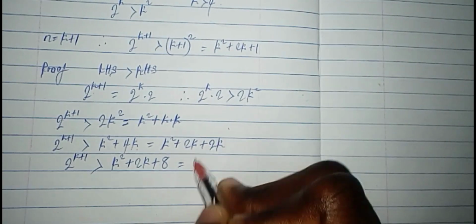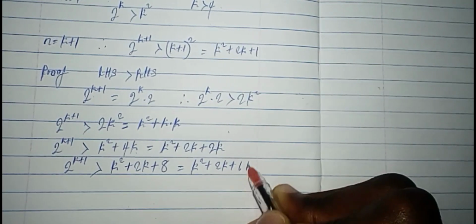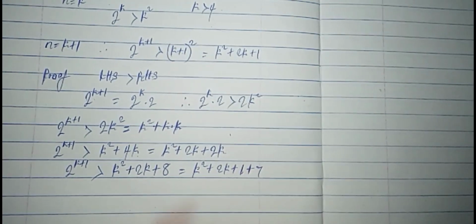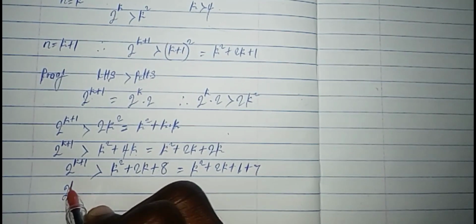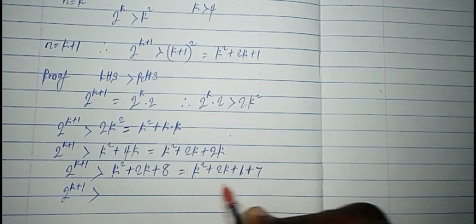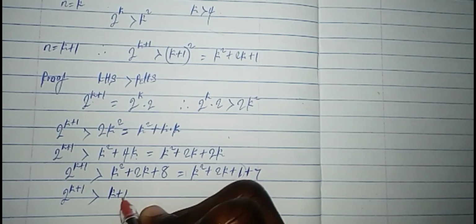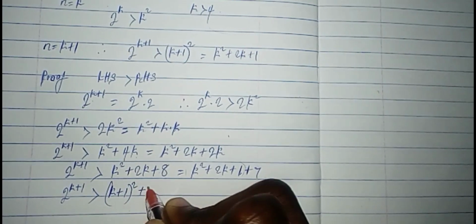So now I can write this as k squared plus 2k plus 1 plus 7. So now, we know that 2 raised to the power k plus 1 is greater than this. Now, this whole thing can be written as k plus 1 squared plus 7.